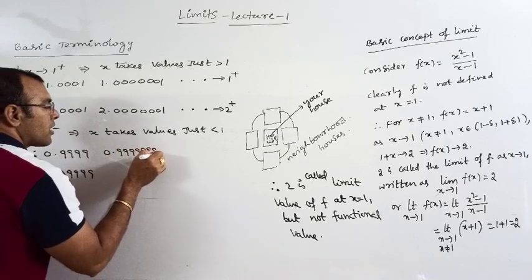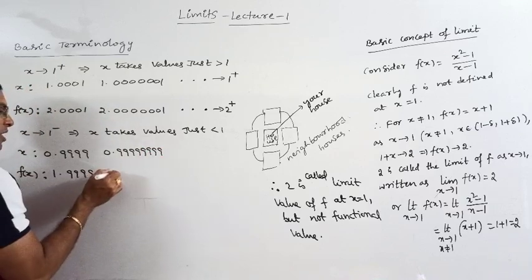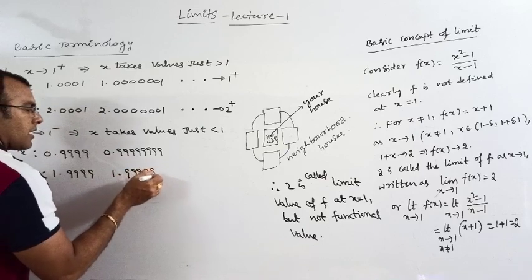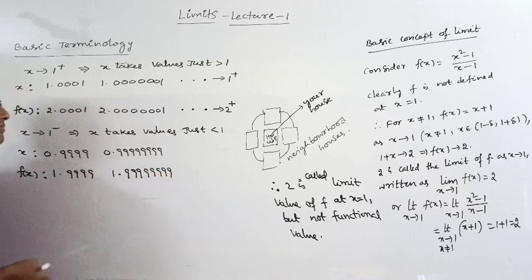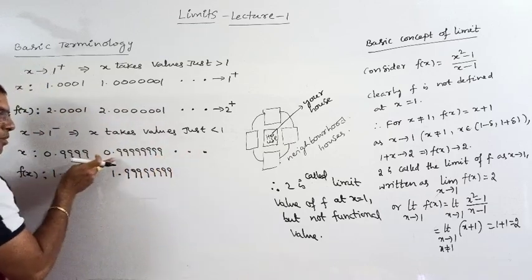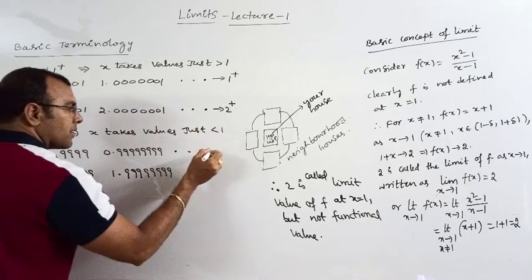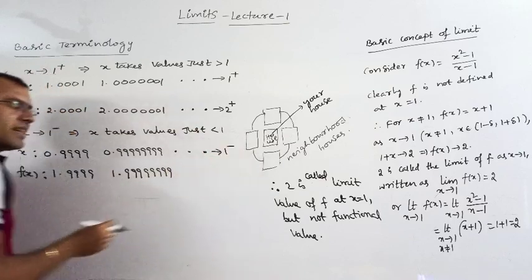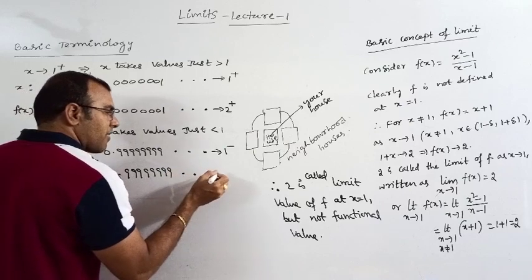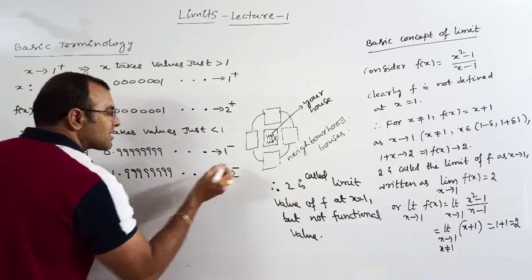When you take more 9s, you are close to 1 from the left side. Then f of x will be 1.99999999 and so on. When you keep on increasing these digits, you are very close to 1 from the left side, and at the same time the function also approaches 2 minus.